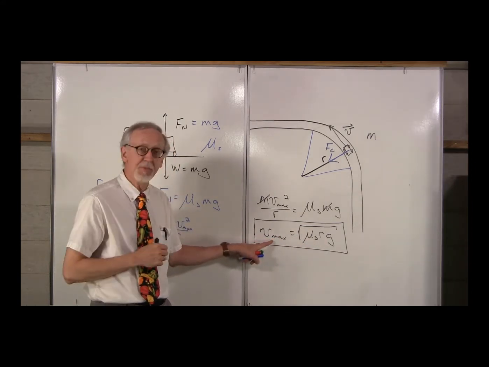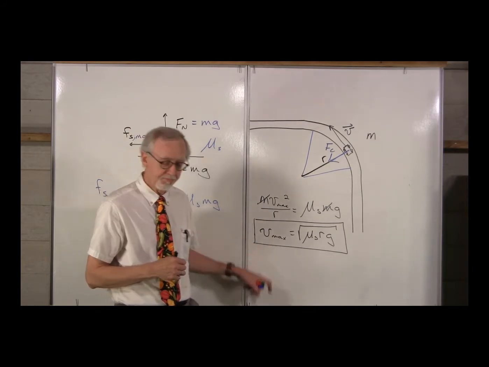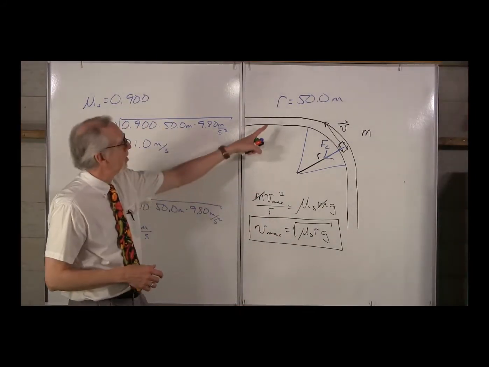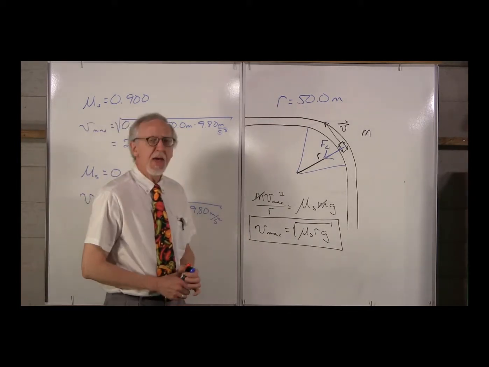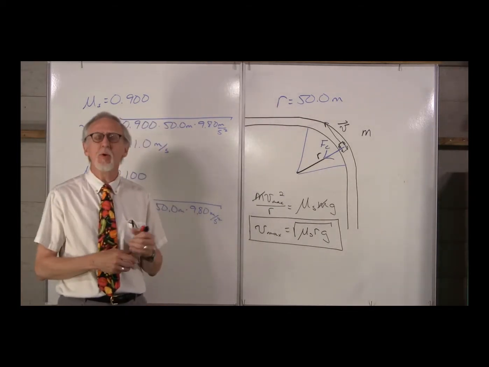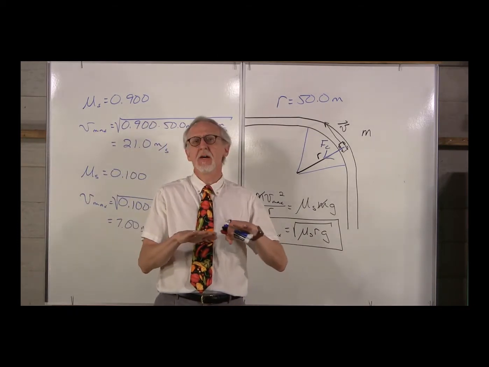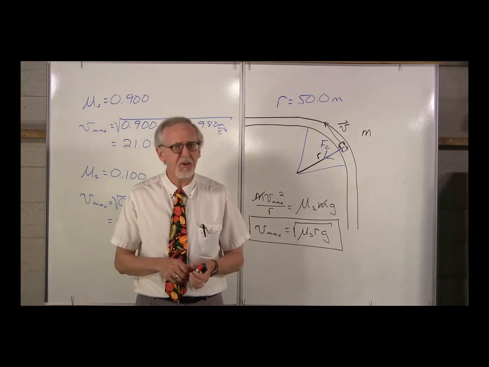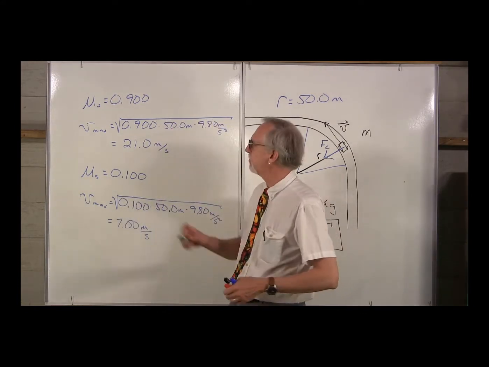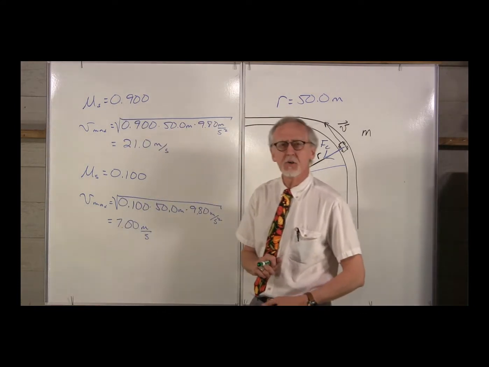Let's actually stick some numbers in there and see what we get. Let's imagine our car is going around a curve with a radius of 50 meters. And on a nice dry day when there's lots of adhesion between the road and the tires, we've got a very large coefficient of static friction, let's say of 0.900.